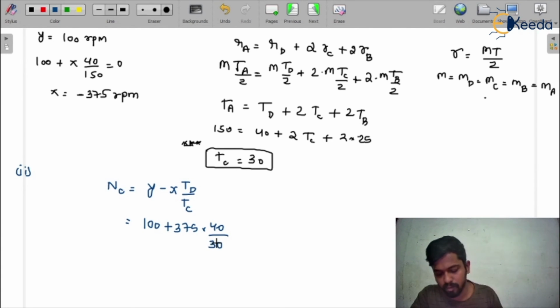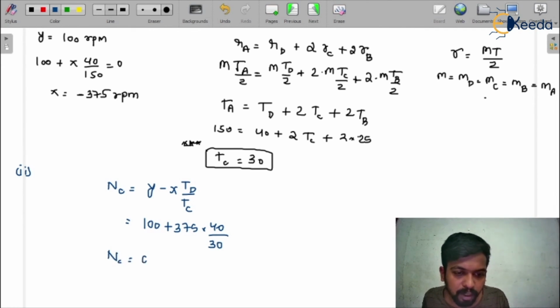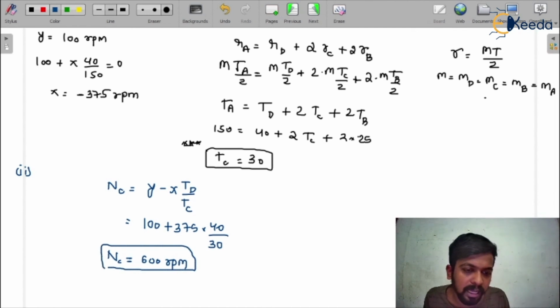Now you just have to solve these equations. Now you will get the value of the speed of the gear C. That would come out to be 600 rpm. Because it comes with the plus sign, that denotes the sense of rotation of the gear C, which is clockwise.